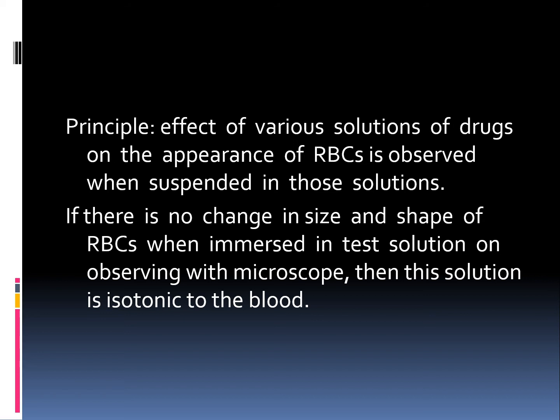Here we suspend the RBCs in the solution to be tested. If there is no change in size and shape of RBC, it implies that the concentration of RBC and our solution is the same. So neither is water leaving the RBC, nor is it entering the RBC. Thus, this solution is isotonic to the blood.